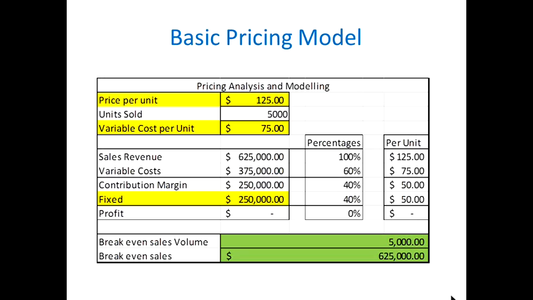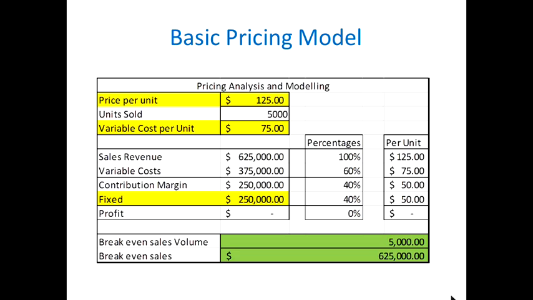Okay, so I promised you a basic pricing model, and this is the basic pricing model. We've only got a couple more slides to go through, and these next three slides are very similar. So I'm just going to walk you through this one, which shows overall the break even, and how we calculated the break even before. So $125 is the price per unit, 5,000 units, and the variable cost is $75. If we look down, we can see the fixed cost, which I've highlighted in yellow for you as well, is $250,000.